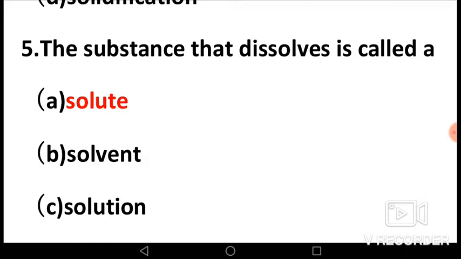Because the substance that dissolves is called solute, whereas option B is solvent, but solvent means the substance in which the solute dissolves. And option C is solution, which means it is formed when two or more substances mix together, that is, a mixture of solute and solvent.